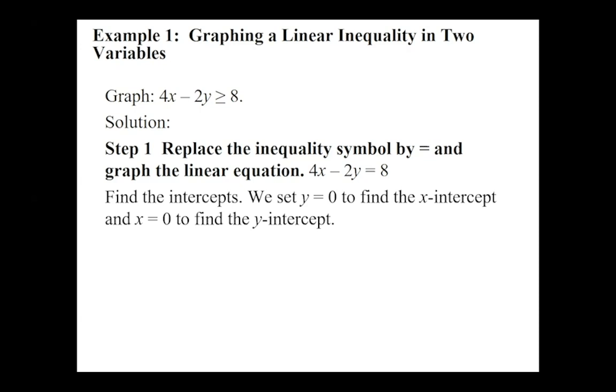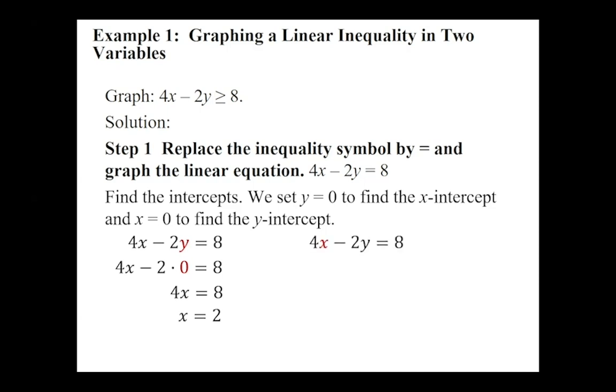Plug in 0 for y to find the x-intercept. When y is 0, that term goes away and we get 4x equals 8. We get x equals positive 2. So (2, 0) is 1 point.